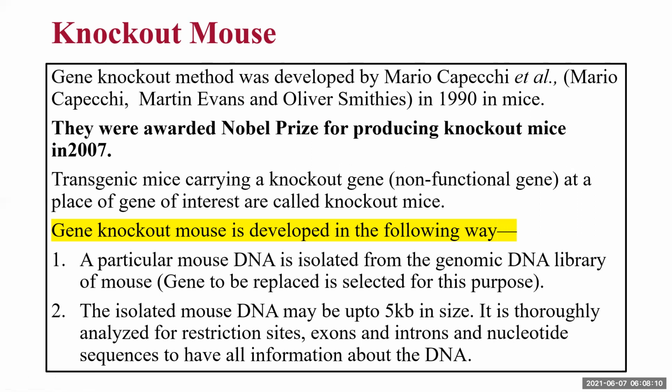We carefully study the whole DNA: which exons are present, which introns are present, what the restriction sites are, and what the nucleotide sequence is. The DNA of mouse that you have isolated from the library contains the gene to be replaced.